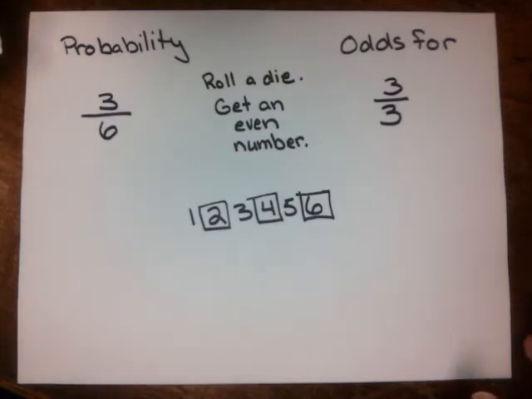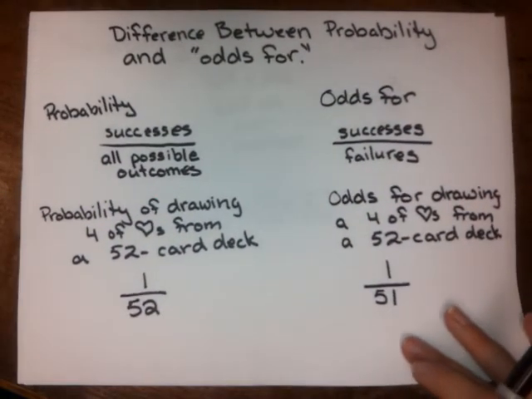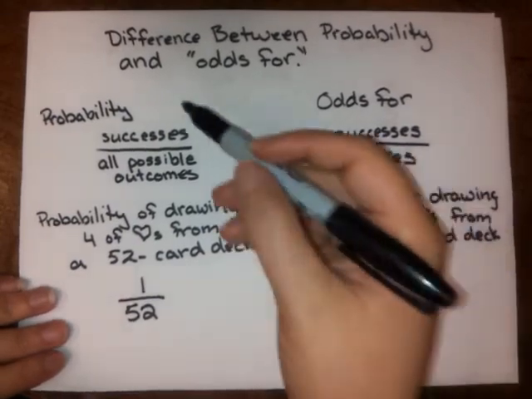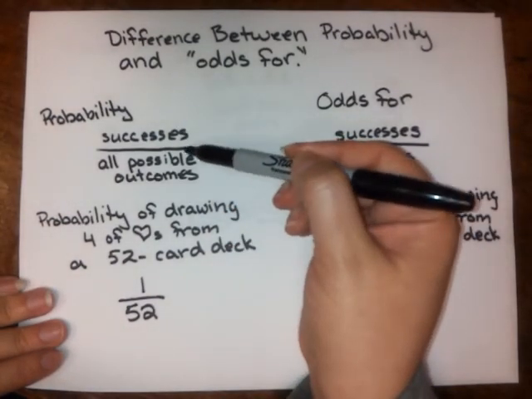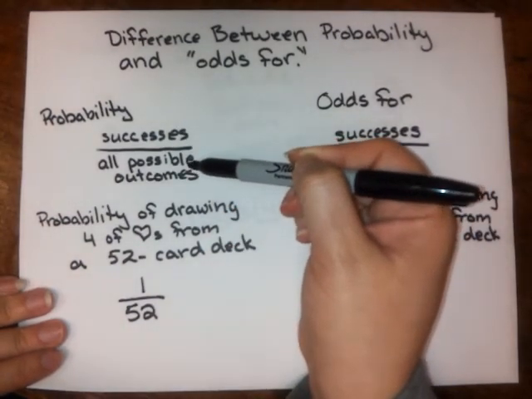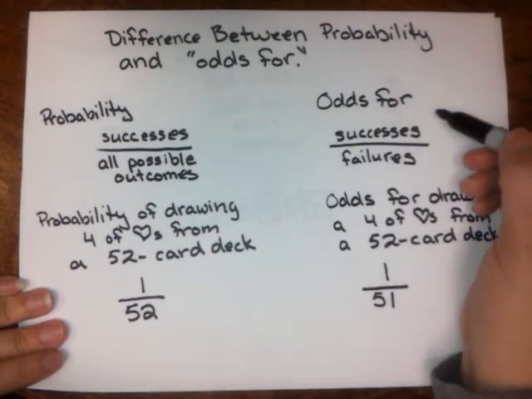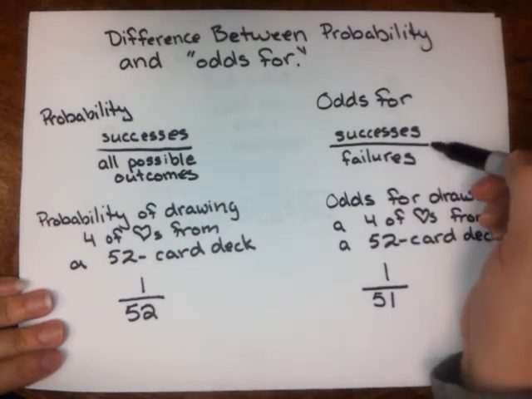They will give you odds and ask you to come up with a probability. And so what I'll do is I'll do that one in the next video. But for now, just remember that the difference between probability and odds for is that probability is successes over all possible outcomes. Odds for is just successes and failures.